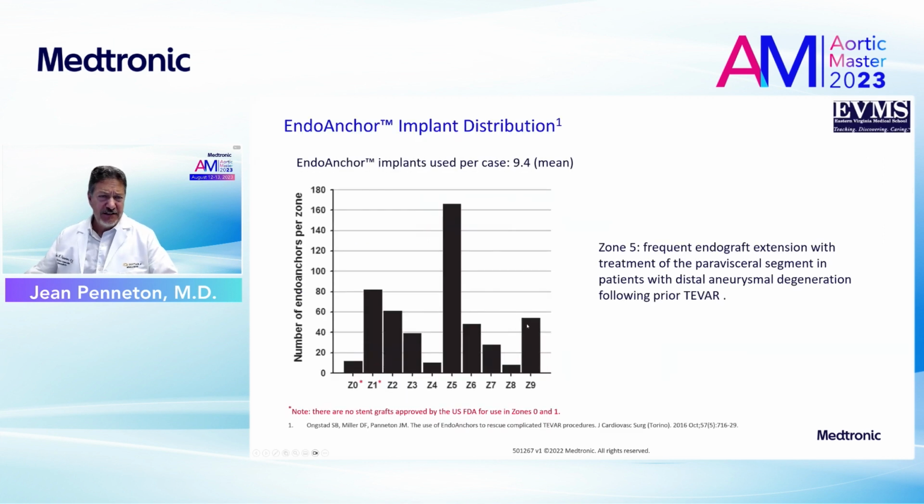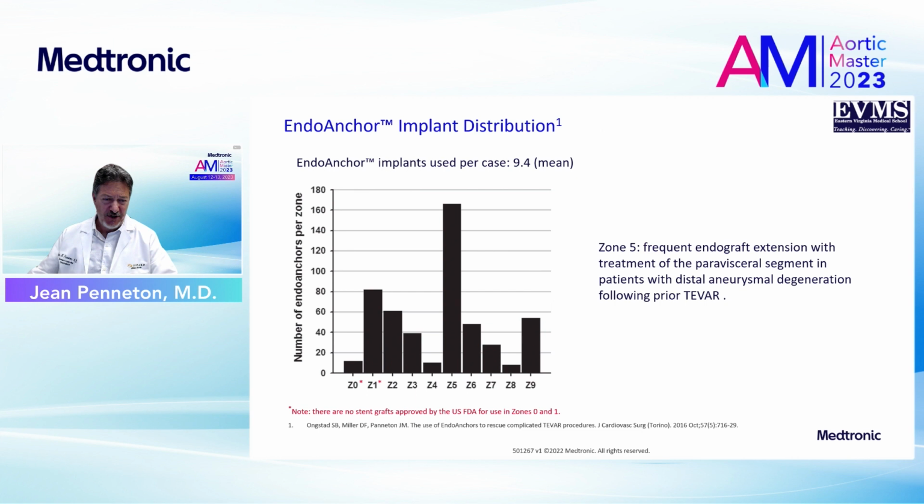And you can see here, this is a distribution of EndoAnchors. It's about 900 EndoAnchors that were placed in those patients, for a mean of about 9.4 EndoAnchors per patient. You can also appreciate that zone 5 was the most frequent area where we placed EndoAnchors.